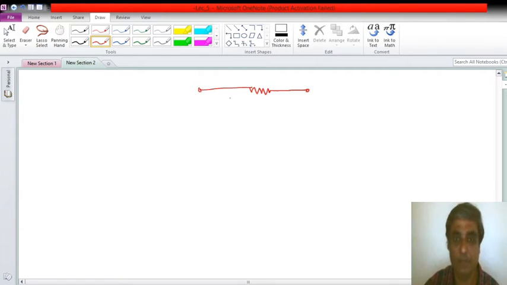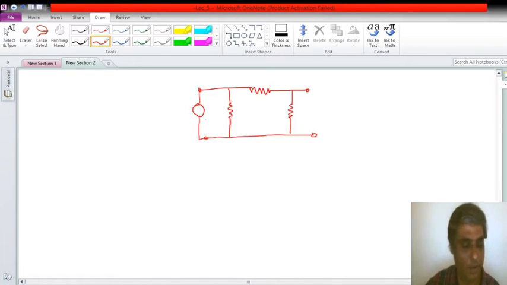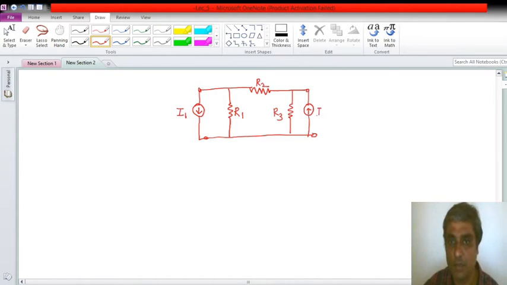One more resistor is connected here, and this current source is connected with this arrow, and here one more current source is connected with this arrow. Let me name the resistances R1, R2 and R3, and the current sources I1 and I2.